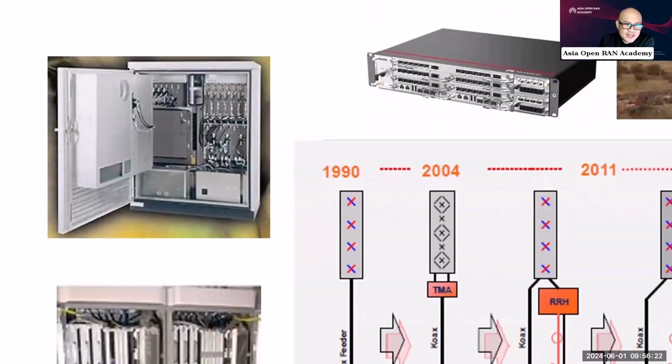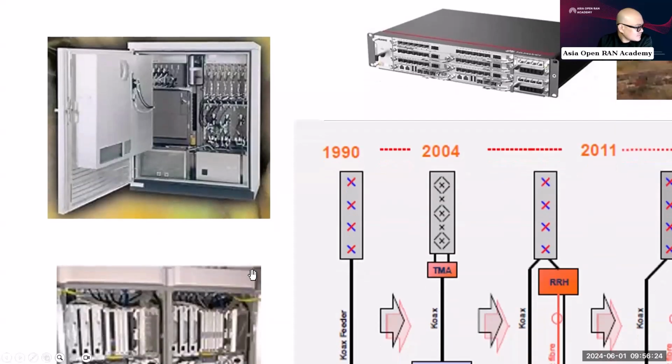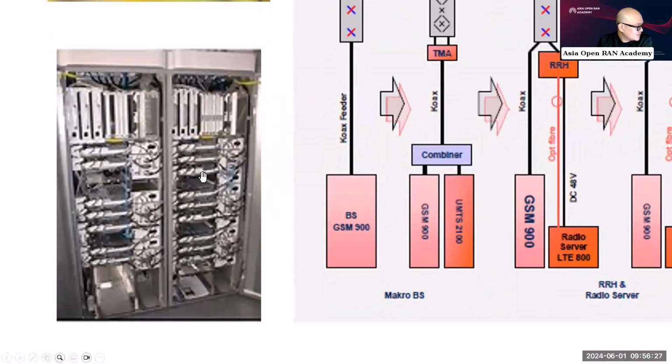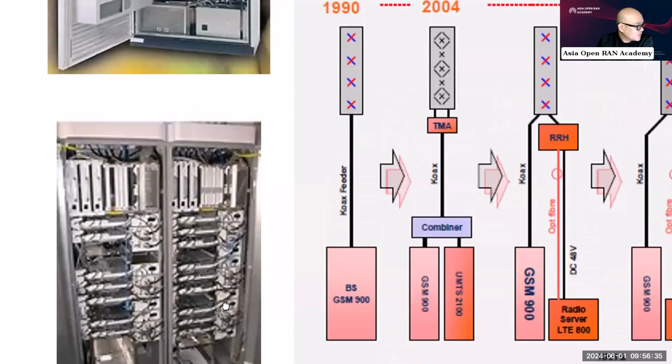So this is a typical example from Ericsson. And this for Nokia, no? So this is a typical example of Ultrasite. I don't know if some of you are familiar with this type of equipment from Nokia and Ericsson.